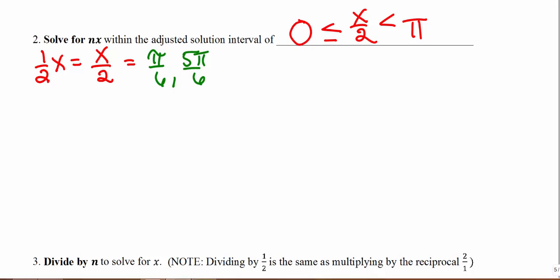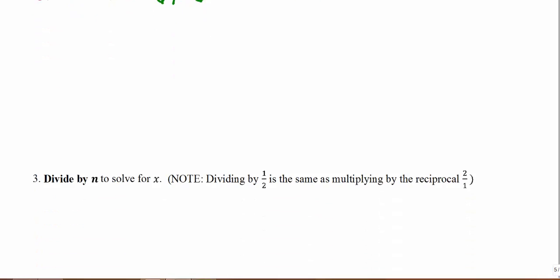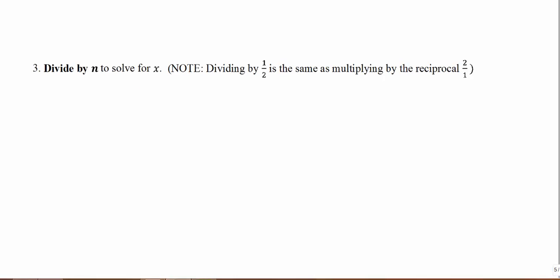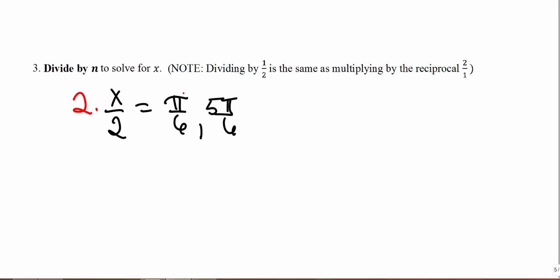And now we actually want to go through and solve for x. So I don't want 1/2 x, or x divided by 2. What I want to know is, what does x have to be? So let's go ahead and rewrite what we have and then solve for x. So right now we have x divided by 2 is equal to pi over 6 and 5 pi over 6. We're going to multiply by 2, or think of it as 2 over 1.